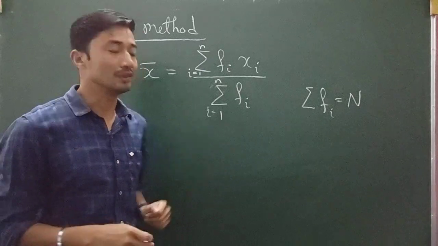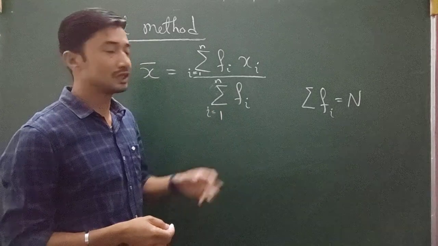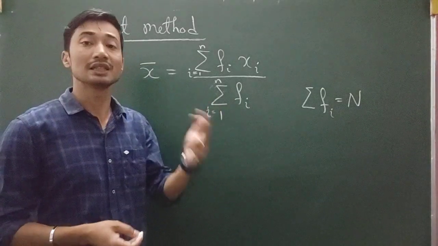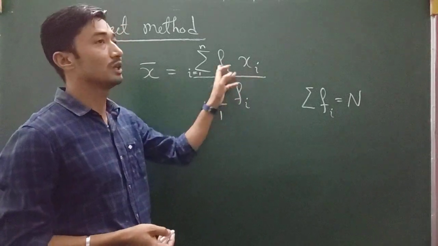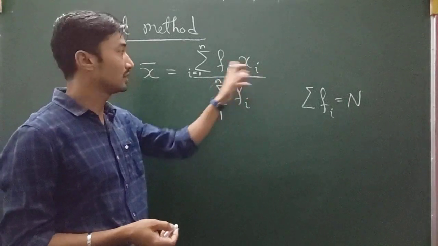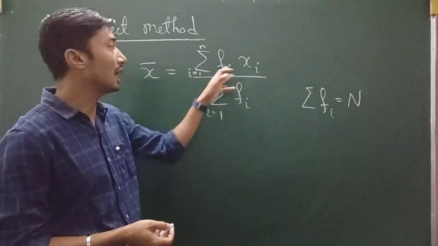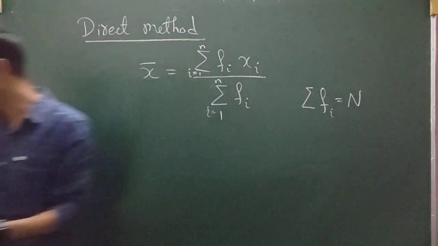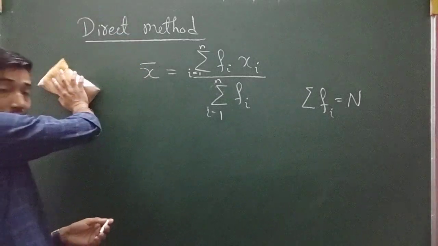Don't worry, we're going to remove all that. So i represents the number of observations, like summation of fi means f1 plus f2 plus f3 plus f4 and so on. This one, f1 into x1, f2 into x2, f3 into x3, f4 into x4, all summation. That's what this addition means. And that will be given to us as per the table, how many observations we have. Alright, so I'm going to wrap it up.